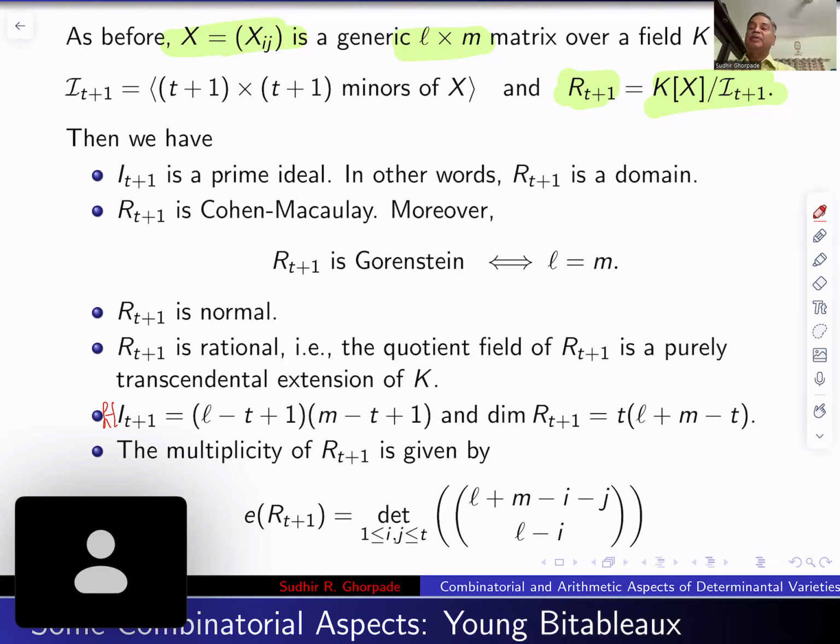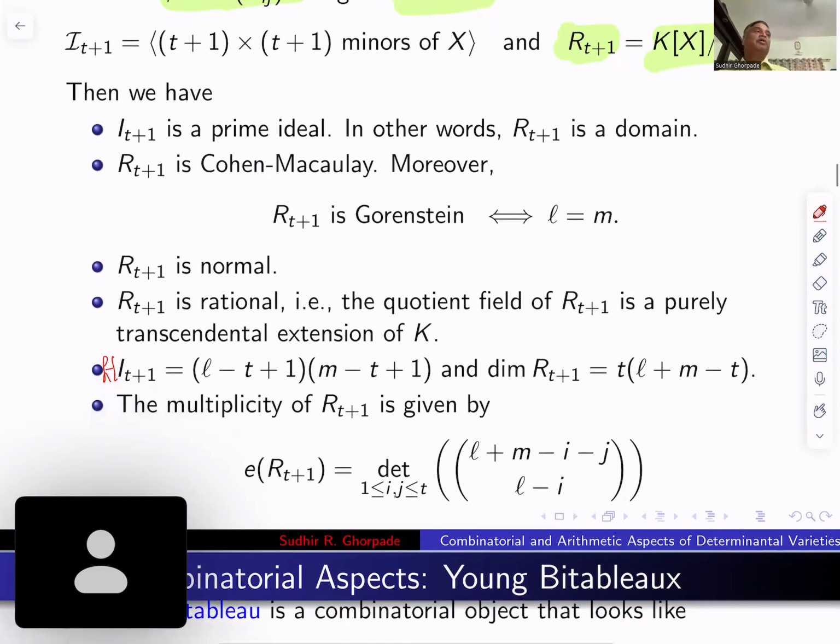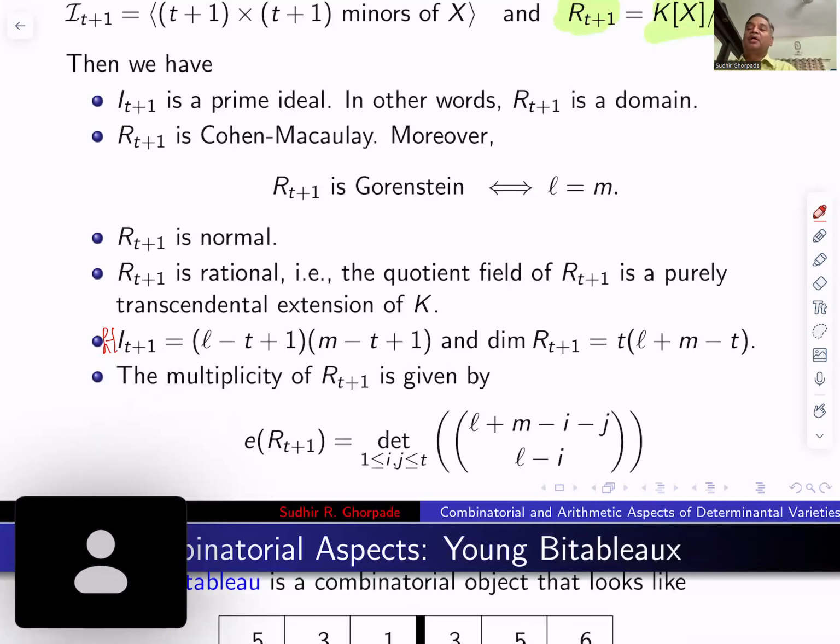The multiplicity, this should remind you of the paper of Herzog and Chung, is given by this beautiful determinantal formula, which is a T cross T determinant whose entries are binomial coefficients, and very nice ones: binomial (L plus M minus I minus J, choose L minus I). You could also choose M minus J, same thing, right? So it's a lovely formula.